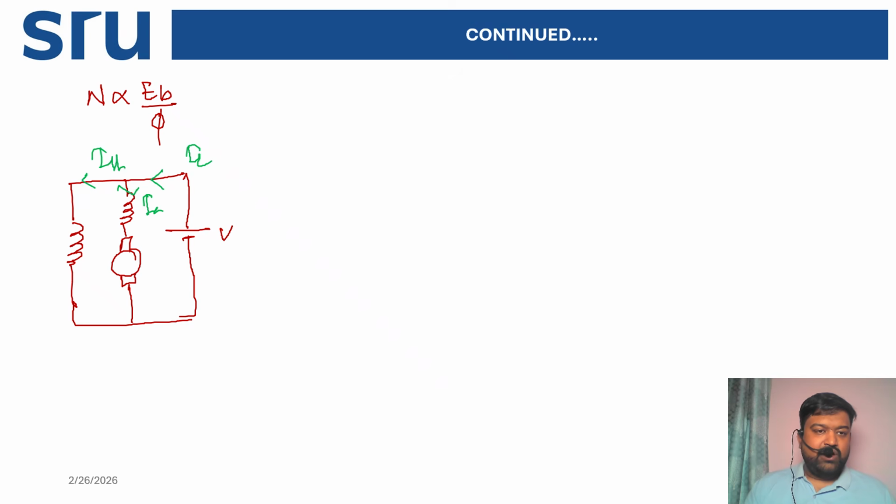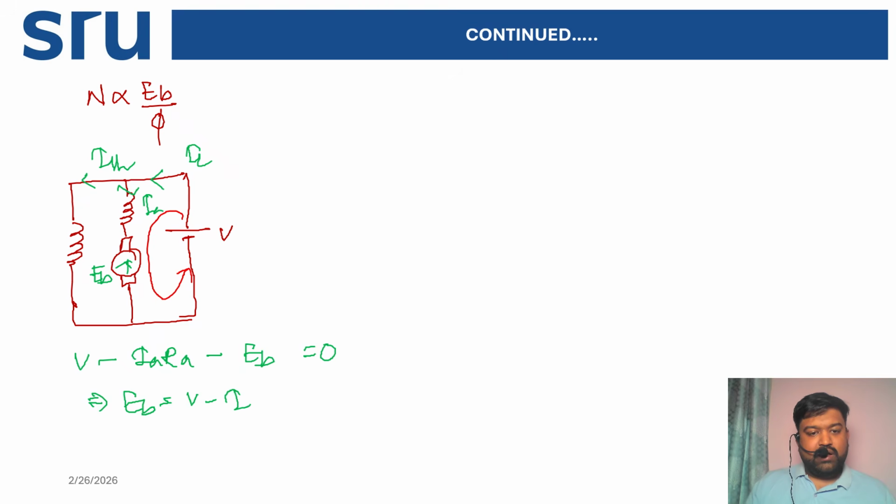Only consider this loop. Then you get the equation V minus IA into RA minus EB, because this is your back EMF, equal to 0. Then immediately we get the equation that EB equals V minus IA into RA, right?